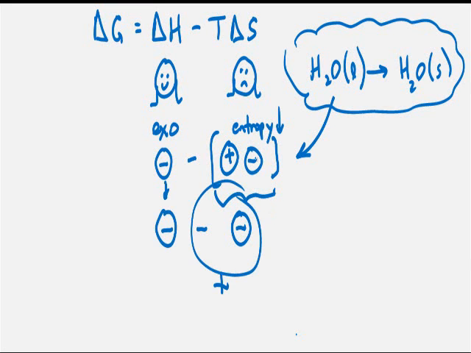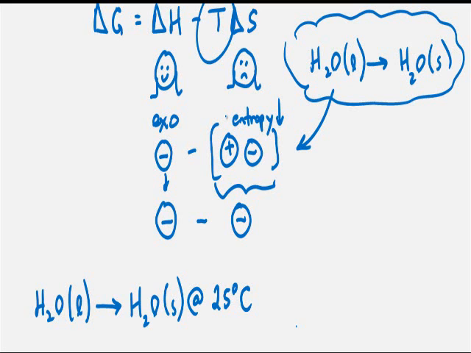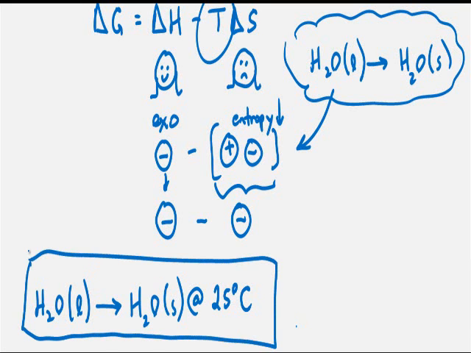So what will influence whether this is spontaneous or not would be the size of our temperature value. For example, the process of liquid water turning into solid water at 25 degrees Celsius or room temperature, this would be something we would say is non-spontaneous.